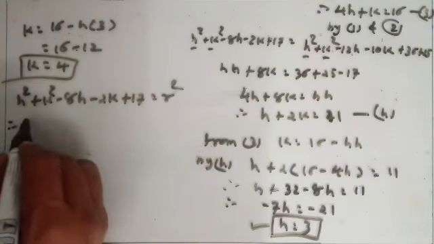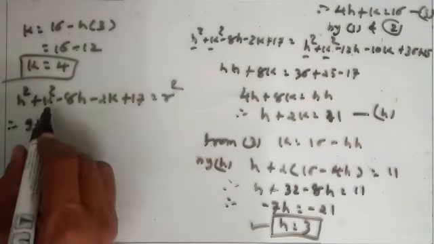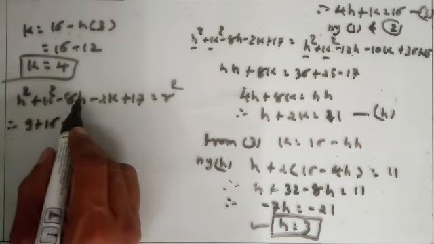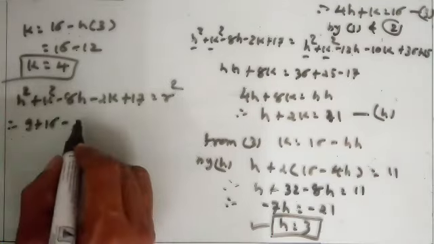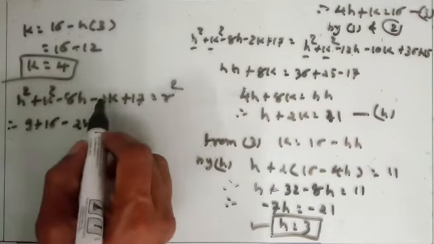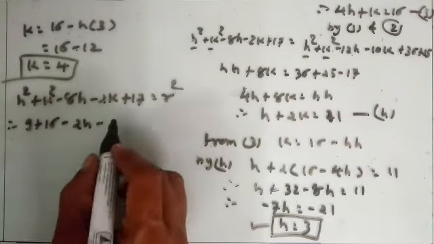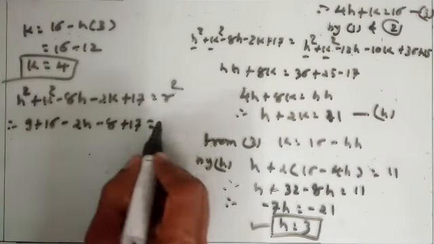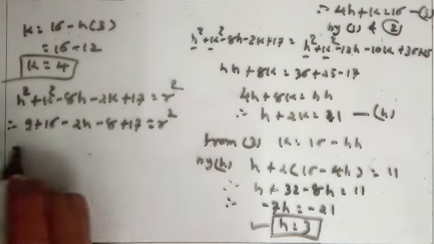Therefore, 3 square is 9 plus 4 square is 16 minus 8 into h, h is equal to 3, so 8 times 3 is 24, minus 2 into k, k is equal to 4, so 2 times 4 is 8, plus 17 is equal to r square.